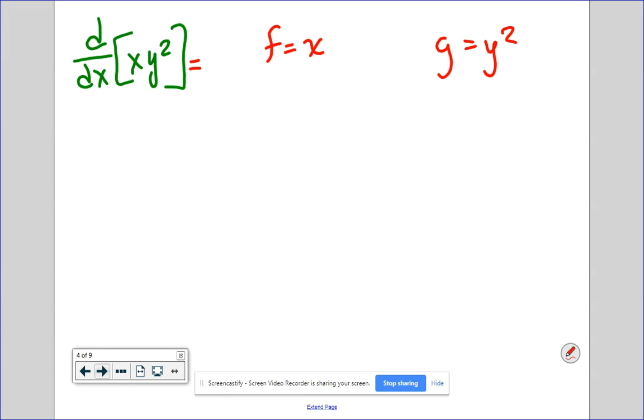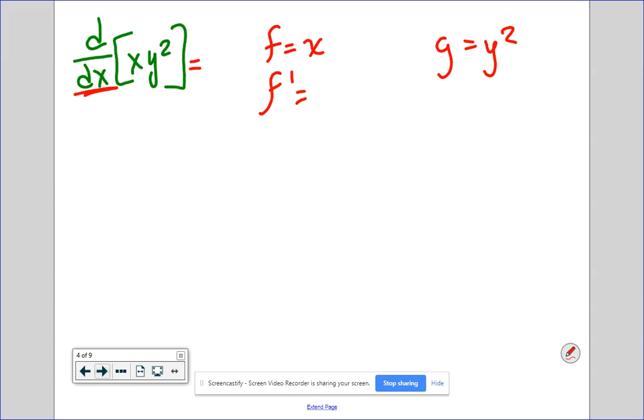And again, I'm doing this with respect to what variable? X. Okay, and that's important because I could do this with respect to y, and then it would end up being dx over dy. But most of the time we do this, it's dy over dx. So again, I'm doing the derivative of x with respect to x.